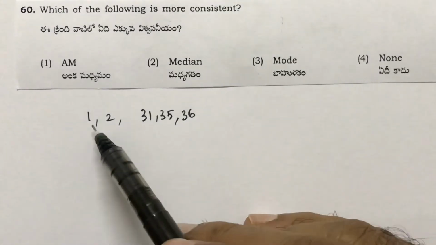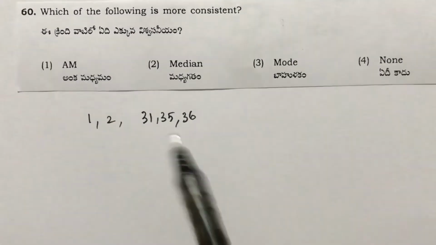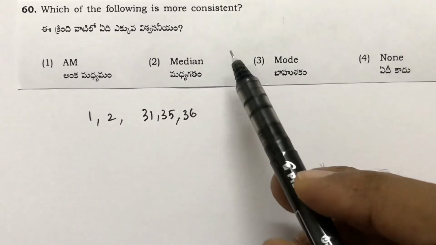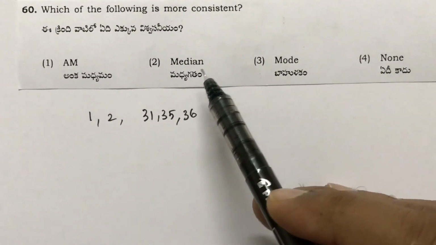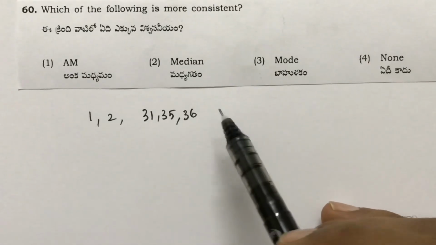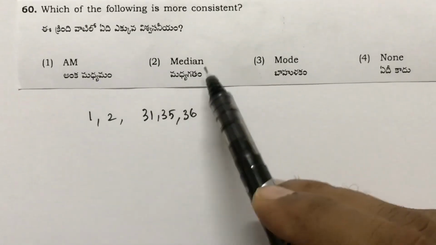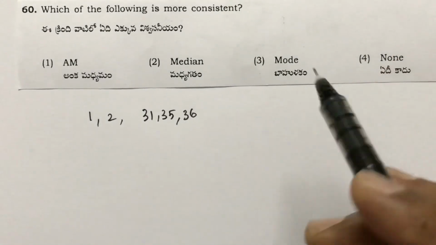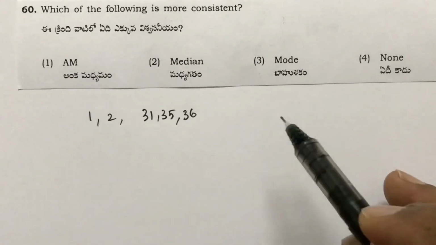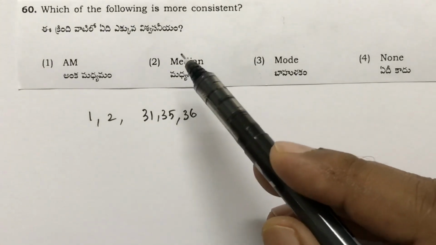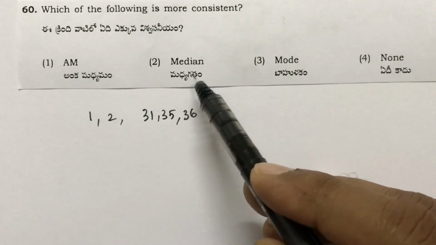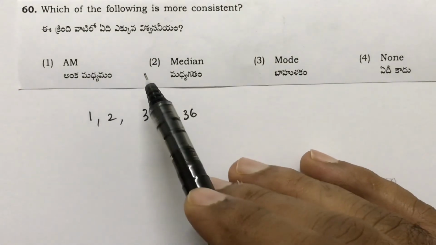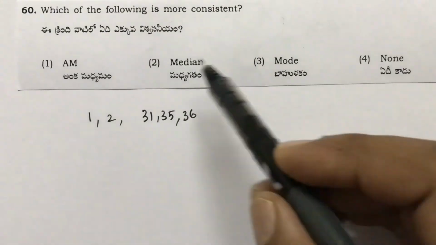So if we have extreme values, it will affect the mean. Next, the median: if there are extreme values and we wish to find typical observations, the median is more appropriate, like for finding the average wage in our country and the rate of workers. Extreme values will not affect it. So rather than the mean, the median is a better measure of central tendency. So the more consistent is the median.